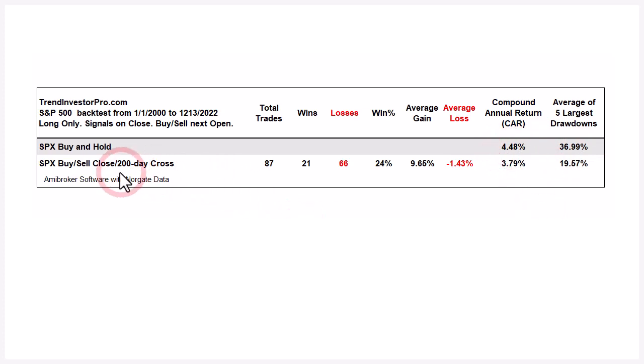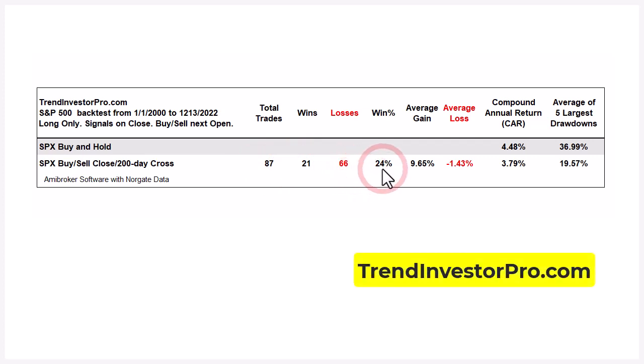If we just apply a close above and below the 200-day moving average as a signal, we would have had 87 trades. So there's a lot of trading going on there. 21 winners, 66 losers, win percent 24%. That's not very good. A quarter of your trades are winning and 75% are losing because you're getting a lot of whipsaws.